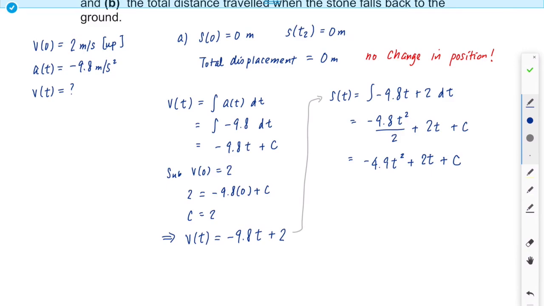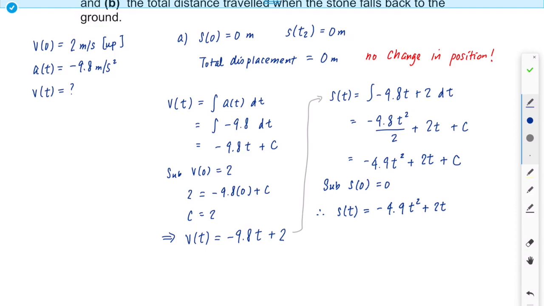The problem is, well, what is c? Once again, we can make use of the initial condition, which is 0 meters. When you sub in 0 into S of t, c is going to be 0. Therefore, at least we know that S of t is equal to negative 4.9 t squared plus 2t.